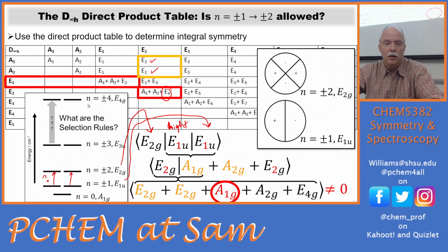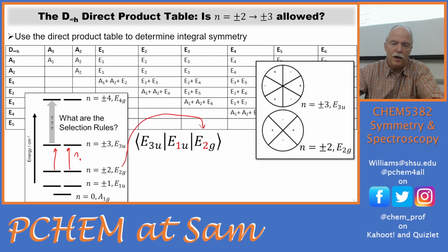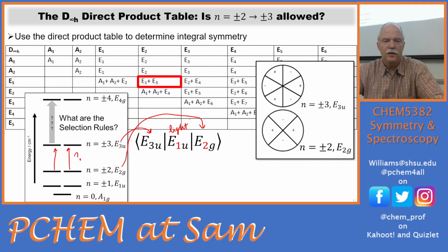Okay. All right, let's do another one. So now we're going from 2 to 3. We have E2g over here on the right, E3u here, and we have light in the middle. So we have E1 times E2, that gives us that intersection there.